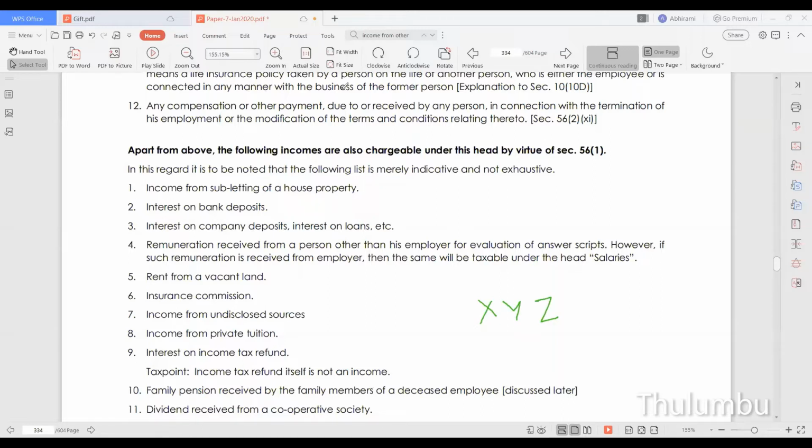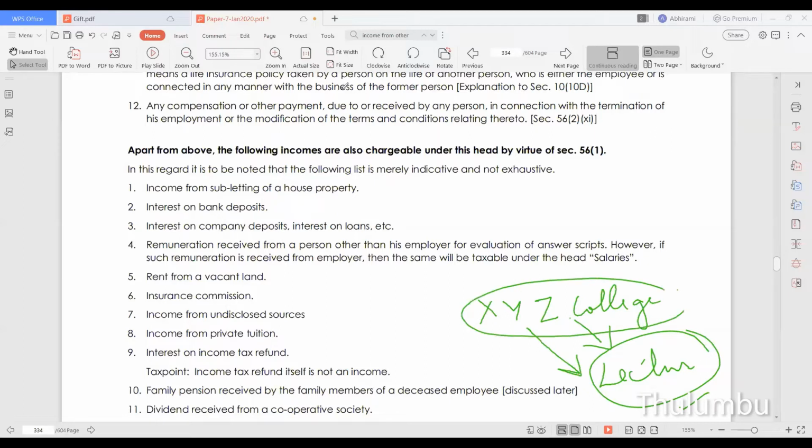In this college there is a lecturer, who has to collect all your papers. So if XYZ pays fees for paper correction, it is considered as salary. Because who is XYZ? The employer, the college. Where is this lecturer working? In the college. So the amount received is taxable as salary because there is an employer-employee relationship.